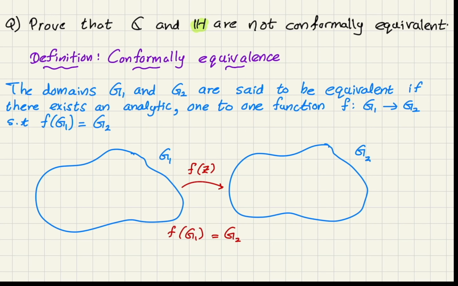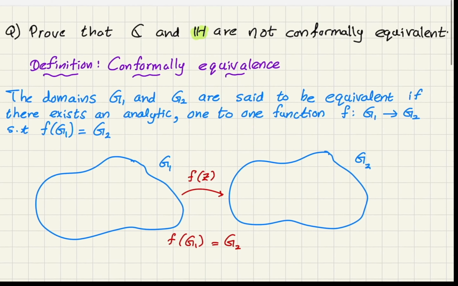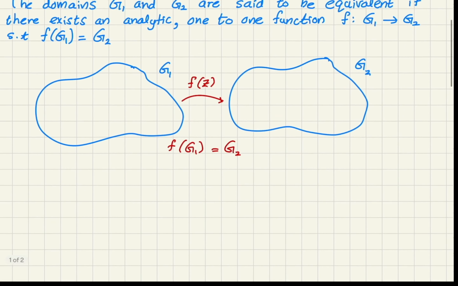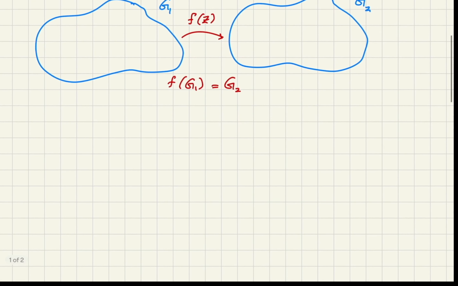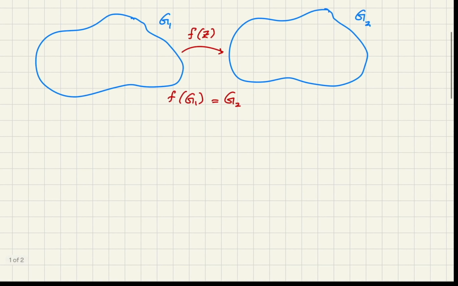I have the complex plane and the upper half plane, and I have to prove that they are not conformally equivalent. So what I would do is, to the contrary, assume there exists a conformal bijection from the complex plane to the upper half plane. So I would start the proof.